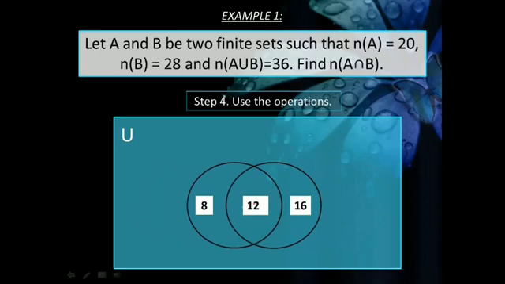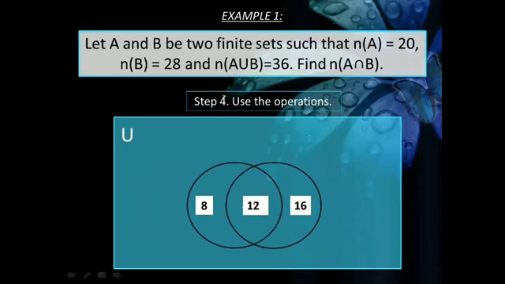So where did we get that 8 and 16? First, let's have the 8. The 8 is the difference of A minus B. All in all, we have 20 elements in A, but 12 of them are also elements of B. So we have to subtract 12 from 20 to get 8.